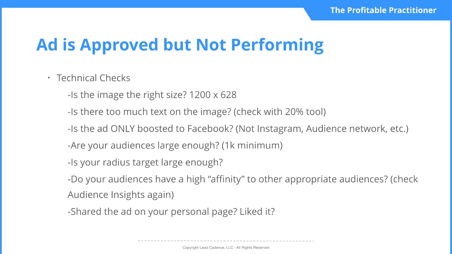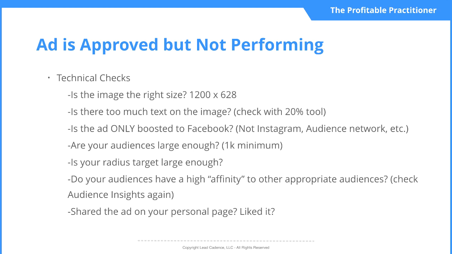Another thing that's a little tricky to figure out at times is, do your audiences have a high affinity to other appropriate audiences? We've built our list of audiences using the Audience Insights tool, but we want to make sure the audiences we're using have a high affinity for other audiences that we think would be a good fit.